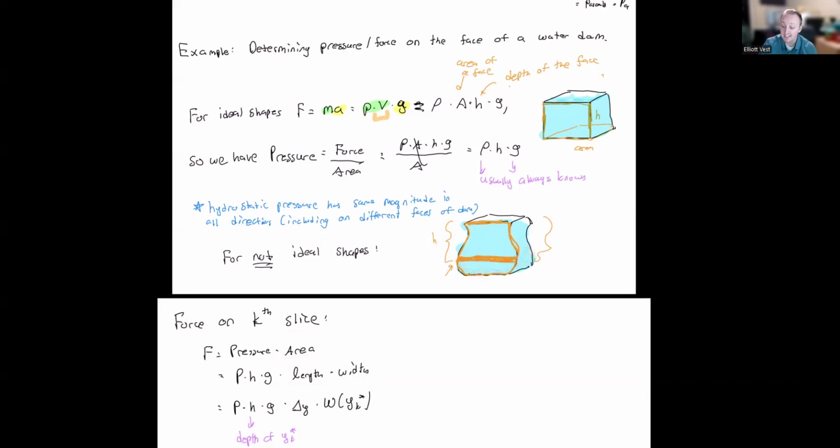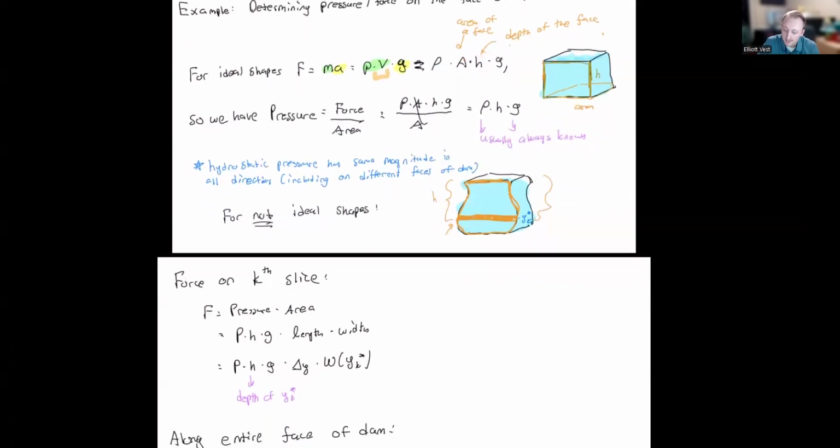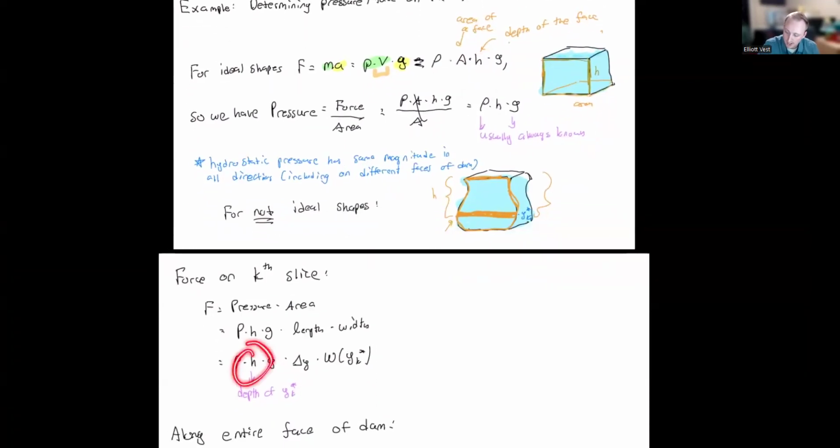So the length of a kth strip is in general some change of y. And the width is something that's going to vary if we don't have an ideal shape. So I'm going to leave width as a function of some y star, where y star would be, for the kth slice, some arbitrary point chosen within that interval. And h is the depth of that y star as well. So it would be the distance to the top minus that y star to get to the bottom.